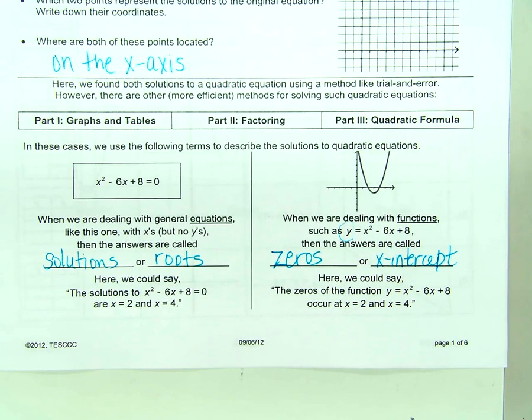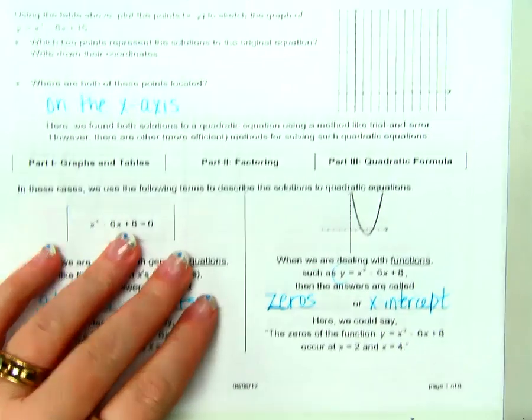Okay? When it comes right down to it, we're basically talking about the same thing, but they have different names because they serve different purposes. Okay? And because of that, we're going to write them slightly different. All right? As we go through the examples, I think you'll see what I'm talking about.